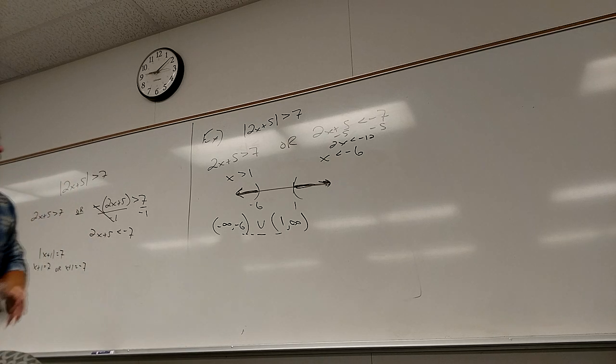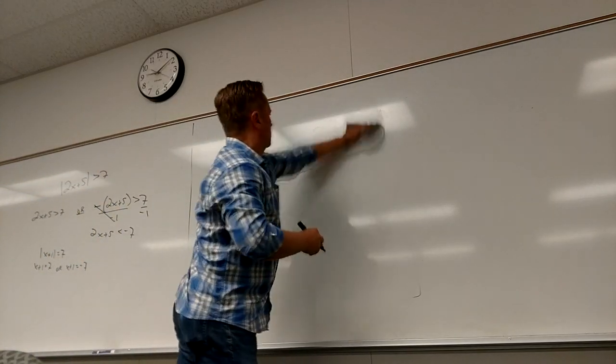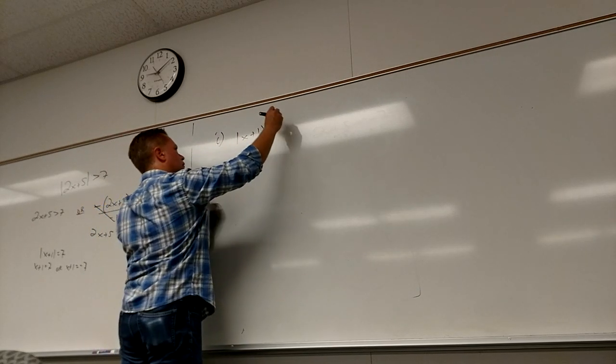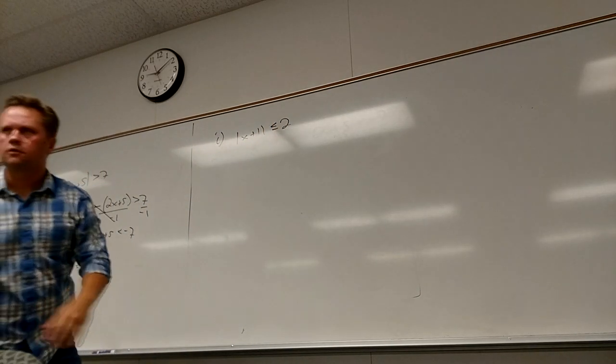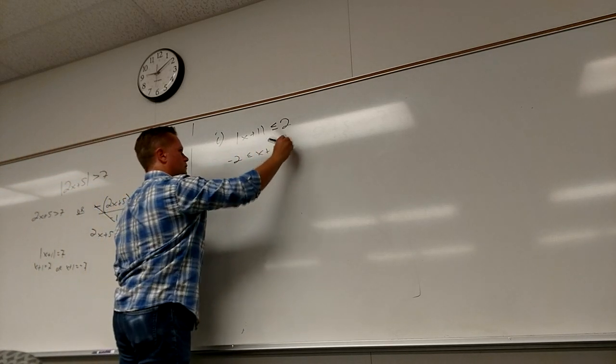Let's have a little lightning round here. So let me get us started. How would I rewrite this? I rewrite it as negative 2 less than or equal to x plus 1 less than or equal to 2.